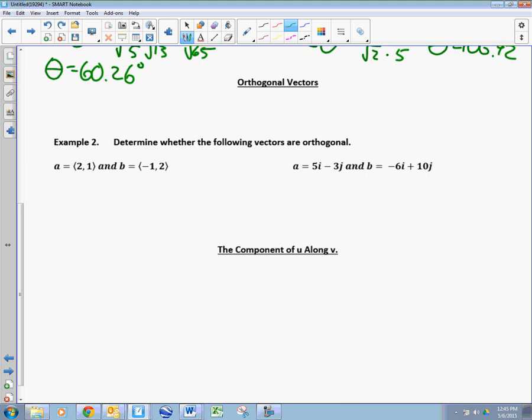Dot product, yes. Orthogonal. Teach you new words. Say orthogonal. Orthogonal means perpendicular. Work with me here, folks. Cosine of 90 degrees is what? 0. So if the angle was 90 degrees and it was perpendicular, then the cosine would be equal to 0.